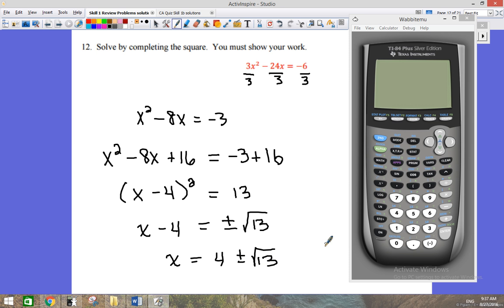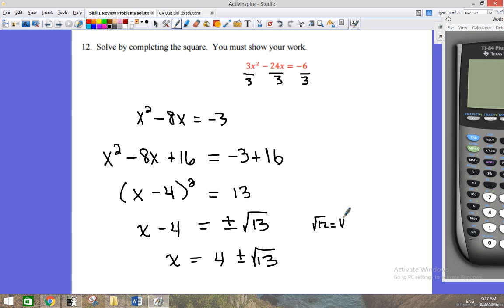If they had given me a radical, say, that was like 12 rather than 13, I would have had to recognize that 12 is the same thing as radical 4 times radical 3, which is 2 radical 3. You are expected to simplify radicals, or to write fractions in lowest terms, or to simplify your answers. And you have to show these steps in order to get full credit.